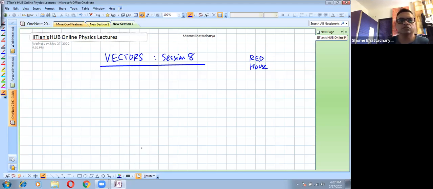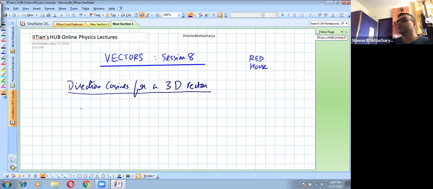Before that, let us start with a quick recap of the concepts that we learned last time to do with three-dimensional vectors. First of all, we started last time with understanding the concept of direction cosines for a three-dimensional vector in component form.